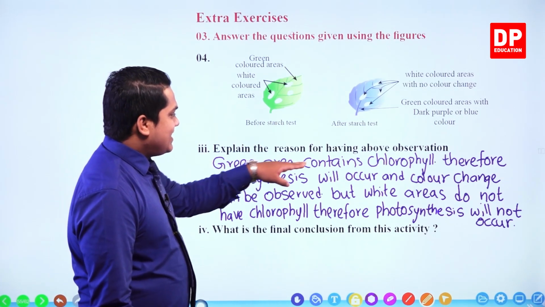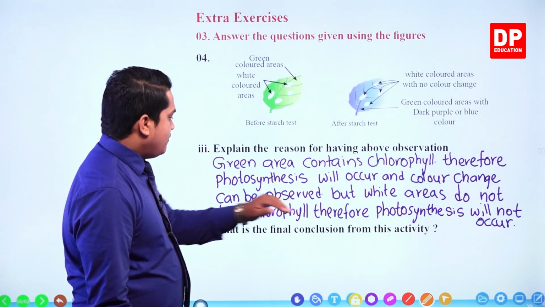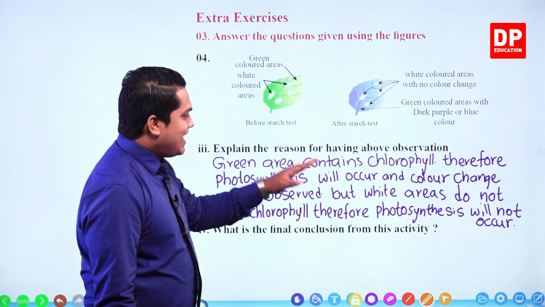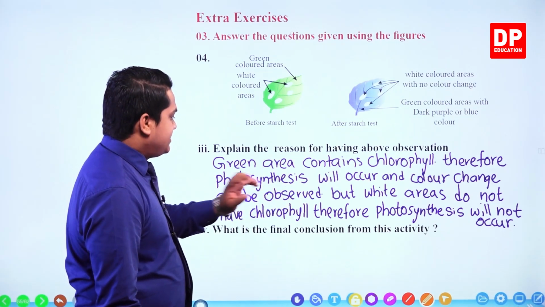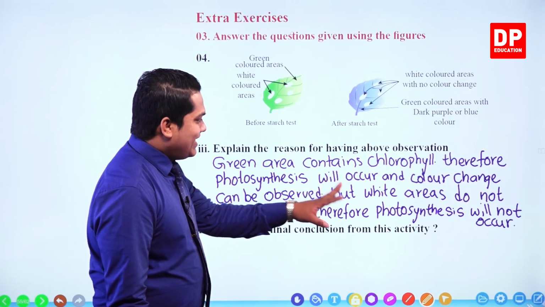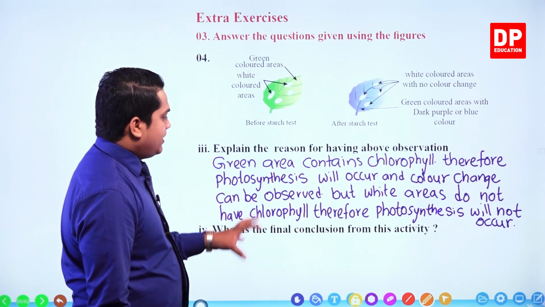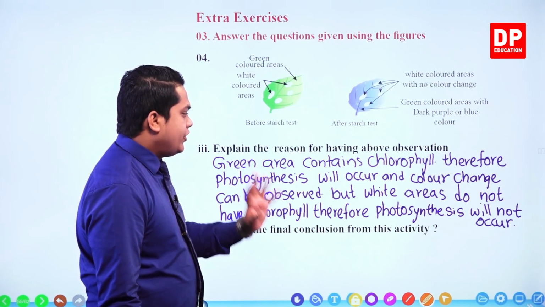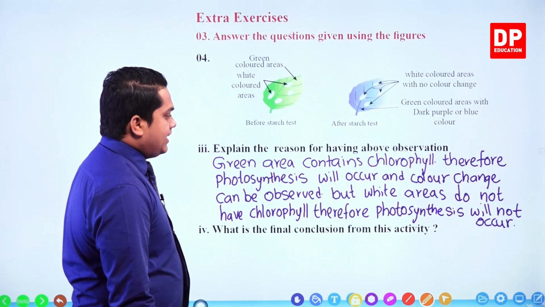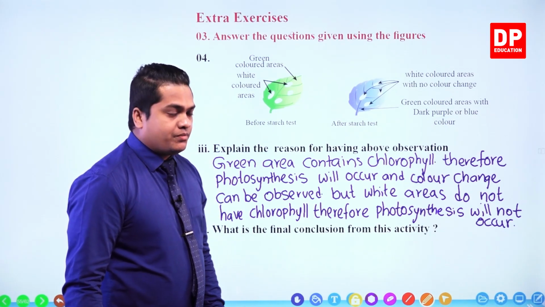So, green area contains chlorophyll. Therefore, photosynthesis will occur and color change can be observed. But white areas do not have chlorophyll. Therefore, photosynthesis will not occur and color change cannot be observed.